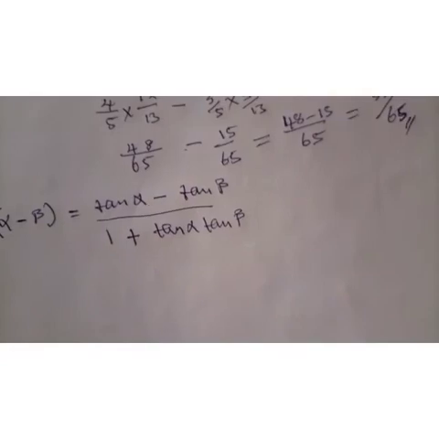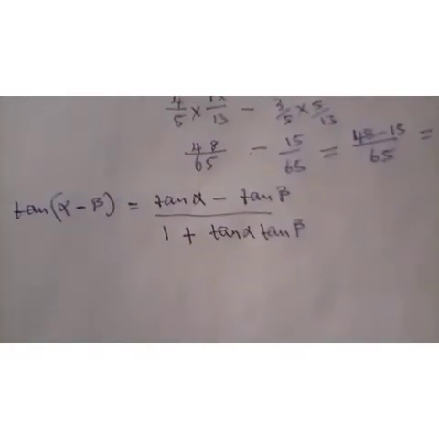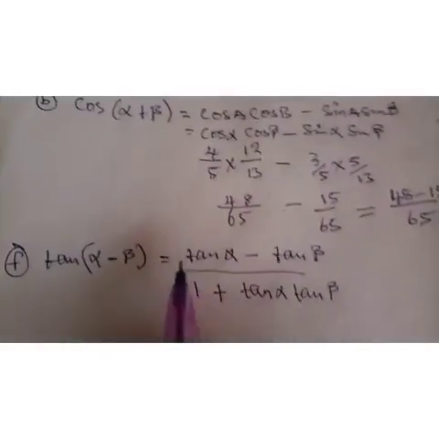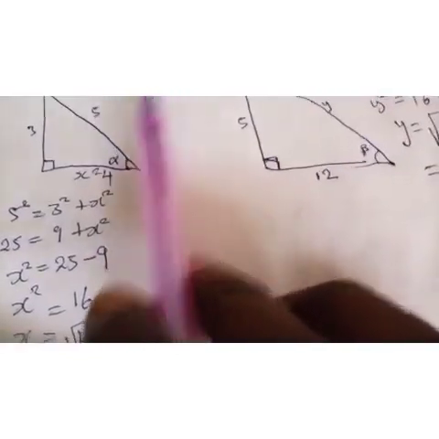For that, tan alpha, SOHCAHTOA, is opposite over adjacent, that is 3 over 4.